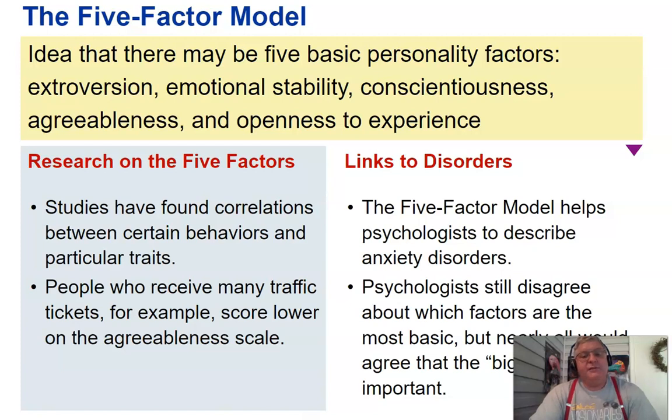People who receive many traffic tickets, for example, score lower on agreeableness. The five-factor model helps psychologists to describe anxiety disorders. Psychologists still disagree about which factors are the most basic, but nearly all would agree that the big five are important.